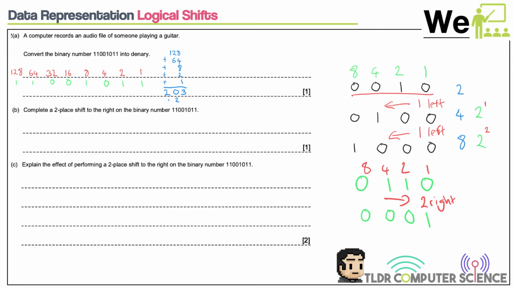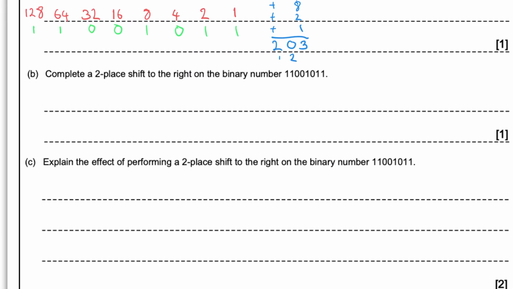All right, let's try out the question now then. In here it says, complete a 2-place shift to the right on the binary number of this. So we can write out the original number, and let me write it out a bit nicer, a bit more spaced out. 1, 1, 0, 0, 1, 0, 1, 1. 2 to the right means that we need to shift all of these.